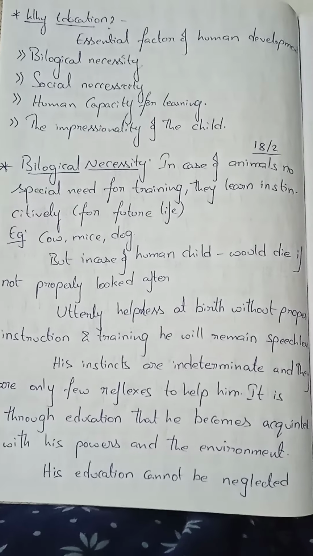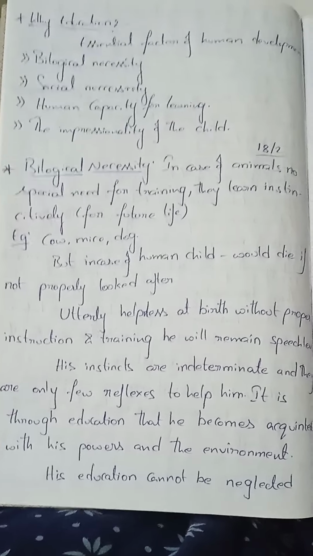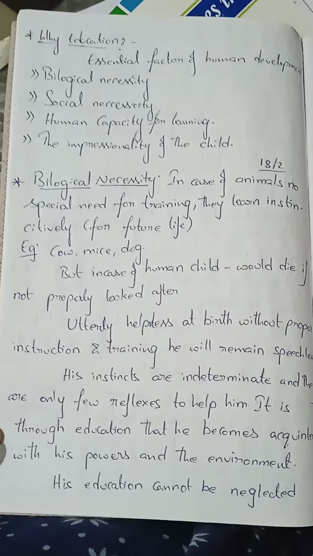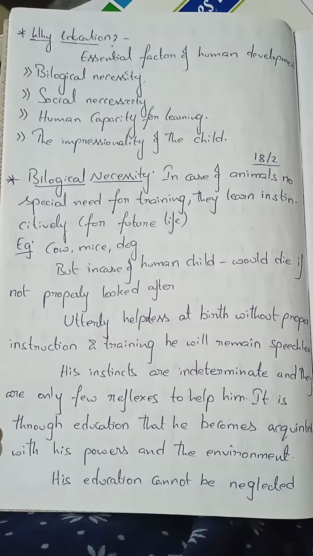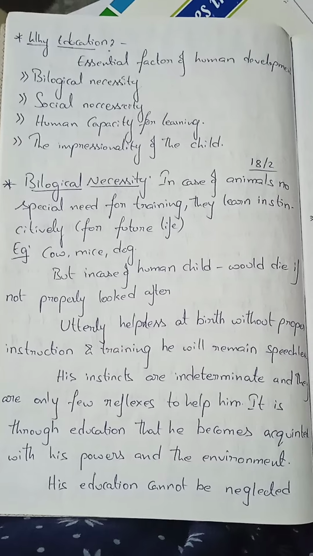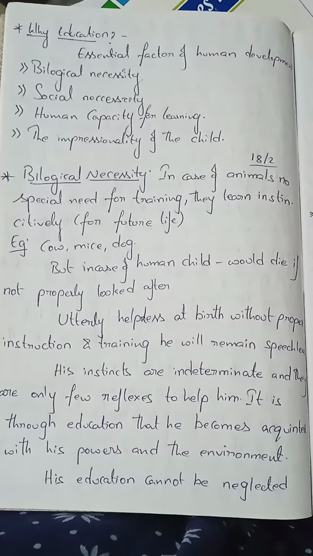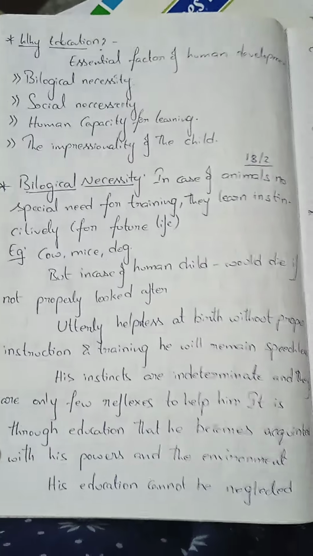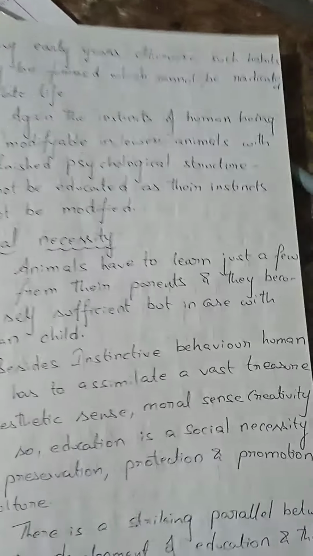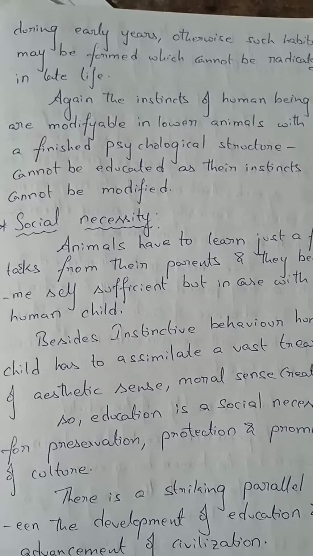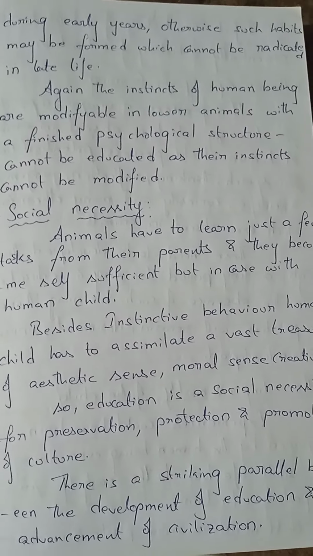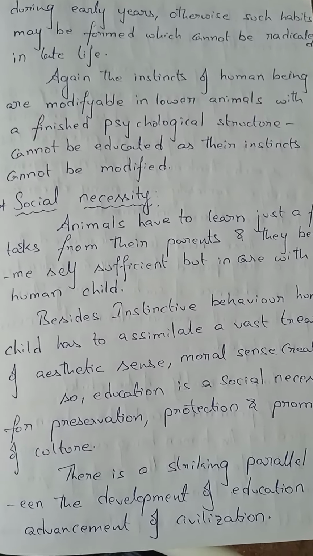Utterly helpless at birth, without proper instruction or training he will remain speechless. His instincts are indeterminate and there are only a few reflexes to help him. It is through education that he becomes acquainted with his powers and the environment. His education cannot be neglected during early years, otherwise such habits may be formed which cannot be eradicated in later life.